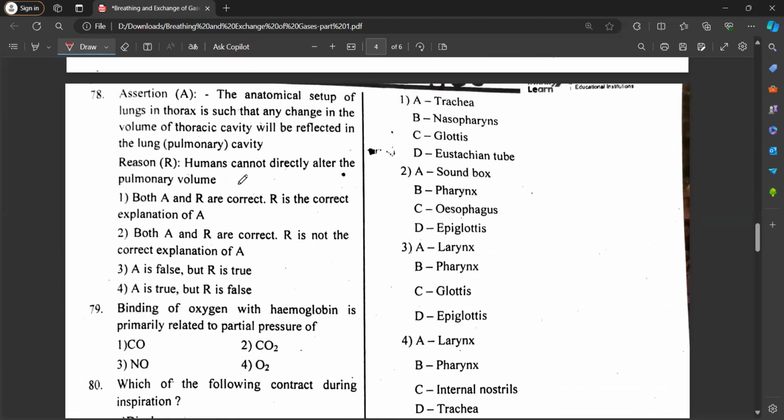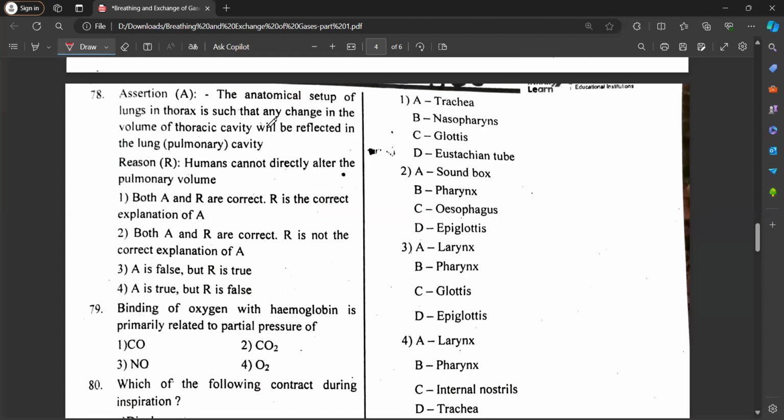Right. Next. The anatomical setup of lungs in thorax is such that any change in the volume of thoracic cavity will be reflected in the pulmonary cavity. Yes, assertion is correct. Humans cannot directly alter the pulmonary volume. Yes, humans cannot directly alter the pulmonary volume.